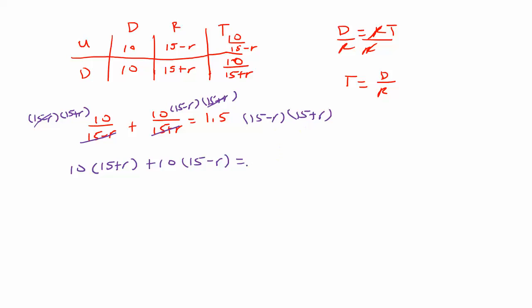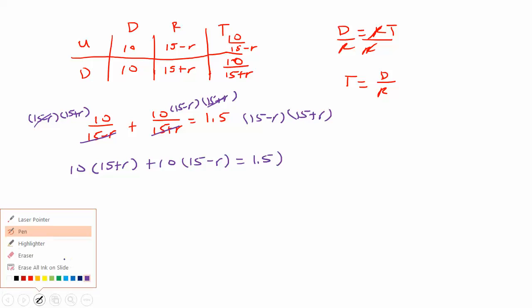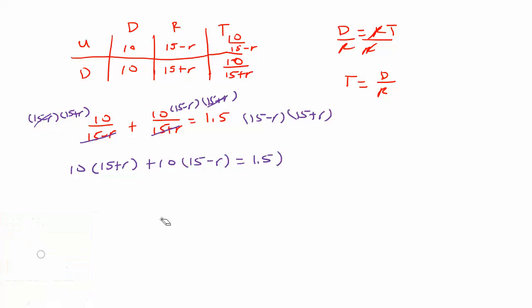Over here, neither one of those would cancel. So let's go ahead and multiply this out using our shortcut: a plus b times a minus b equals a squared minus b squared. So right here, 15 times 15, or 15 squared, will give us 225 minus r squared.